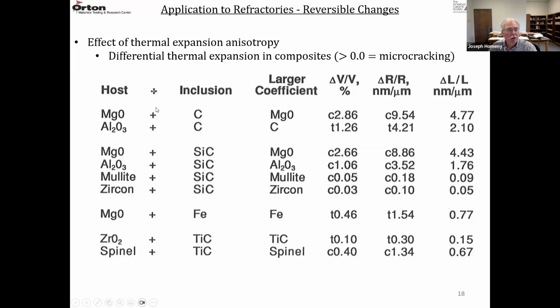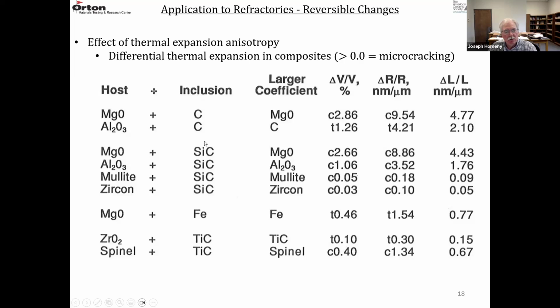So MgO is larger than carbon. So when you heat this material, the carbon is put in compression, and there's a volume difference. So there's a delta V over V. And whether it's in compression or tension, there's always a volume difference. So anytime that difference is greater than 0, you're going to have microcracking.